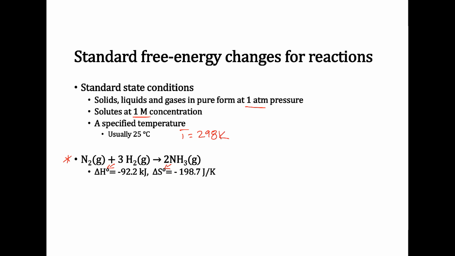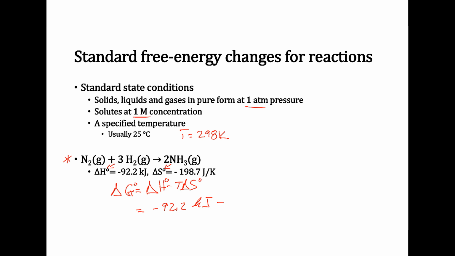So for the information given here, we can take delta G is equal to delta H minus T delta S, and just plug in our values. We plug in negative 92.2 kilojoules minus our temperature.